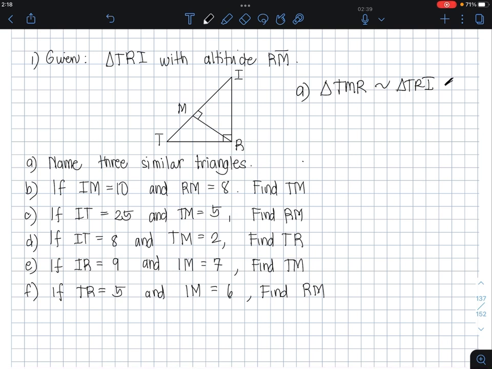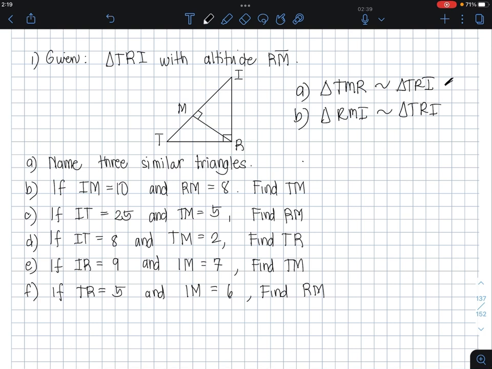Okay? Next. This time, pwede rin yung triangle RMI. So, triangle RMI. Okay, so triangle RMI, similar din dun sa same original triangle, TRI. So, triangle TRI. Okay, so similar sa triangle TRI.